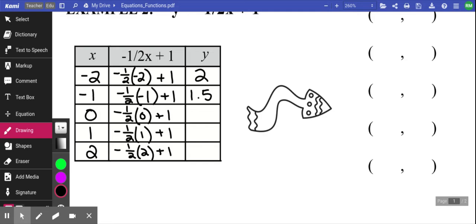Go ahead and graph it then. What is half of them?